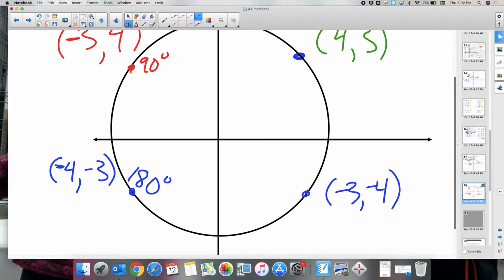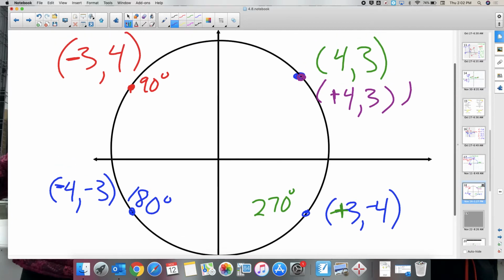And my new x changes signs. So it'll be a positive 3, negative 4. To go 360 then, we do it one more time. I'm going to flip my points. My new x changes signs. And notice I should end up right where I started, because if you go around 360 degrees, you shouldn't change where you are.